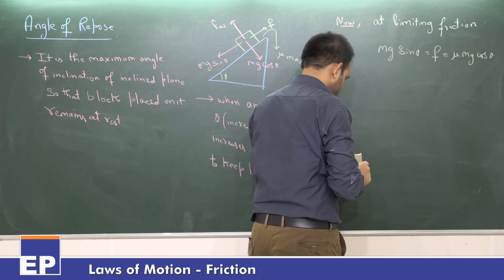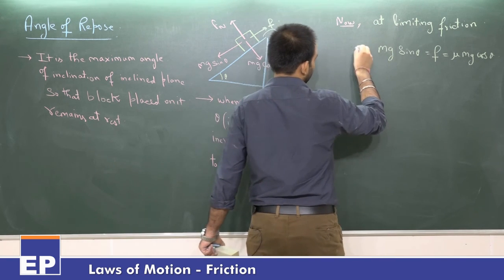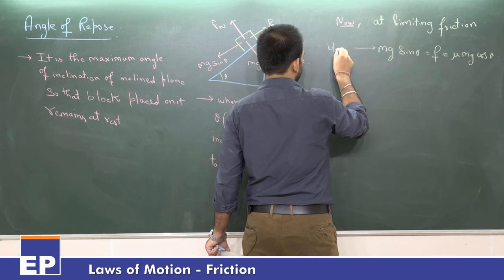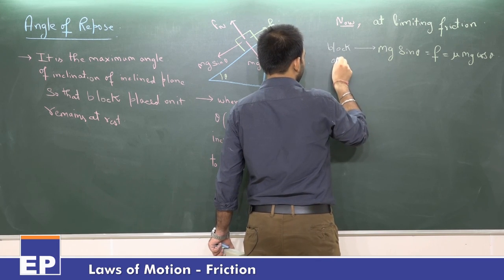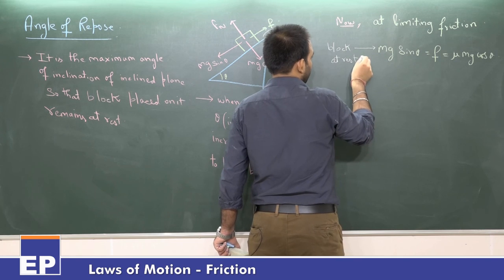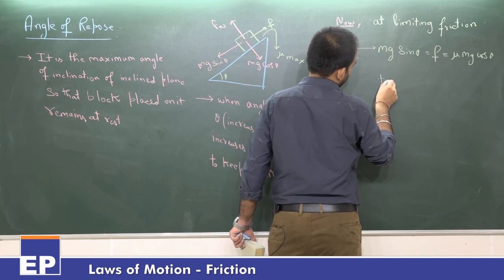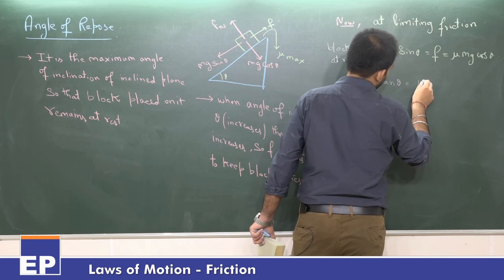Block at rest. So we will get tan theta is equal to mu s max.